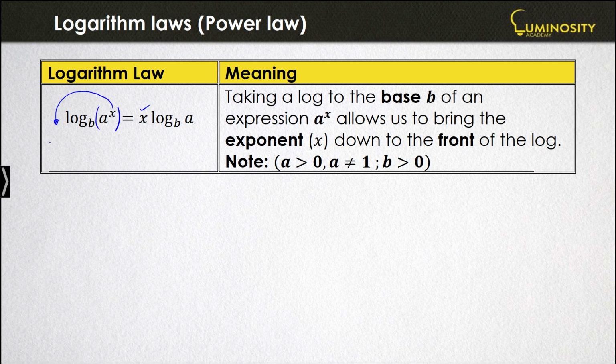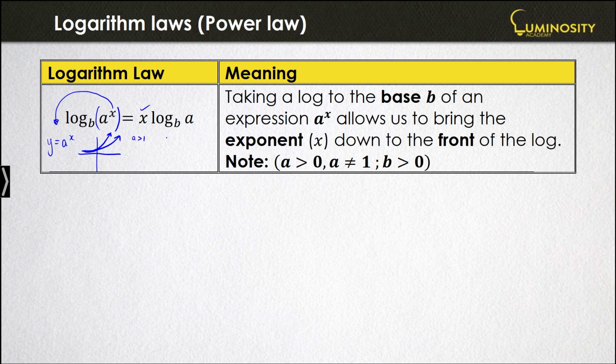Well, if you remember, the basic form of an exponential function is y equals a to the x. This was generally an increasing curve, an exponential curve, and this was when a was greater than 1.